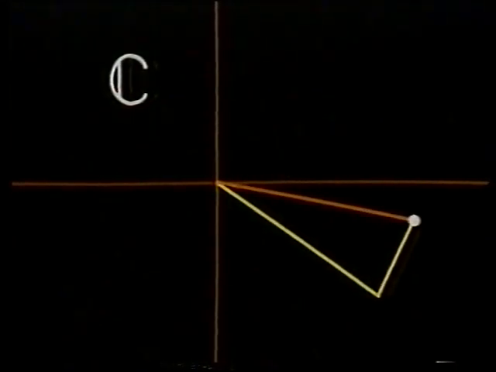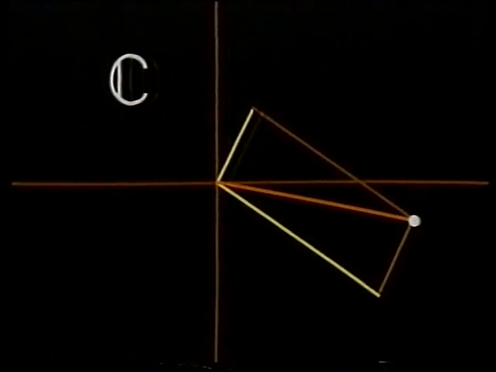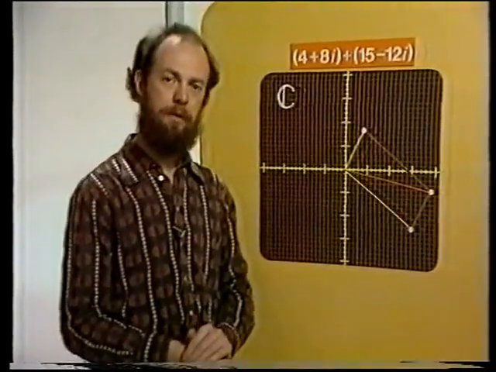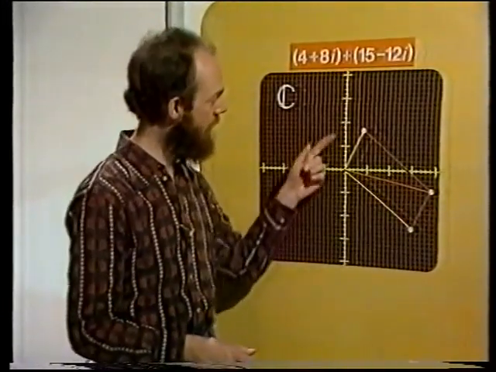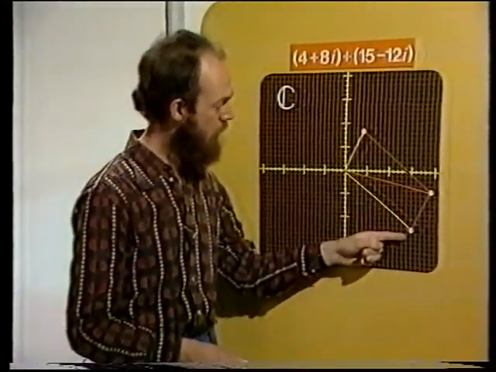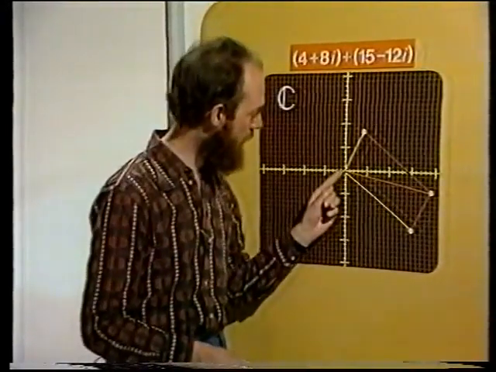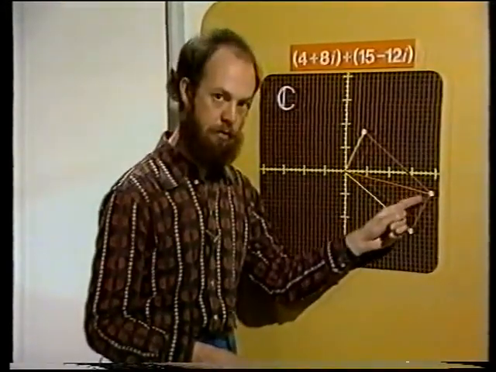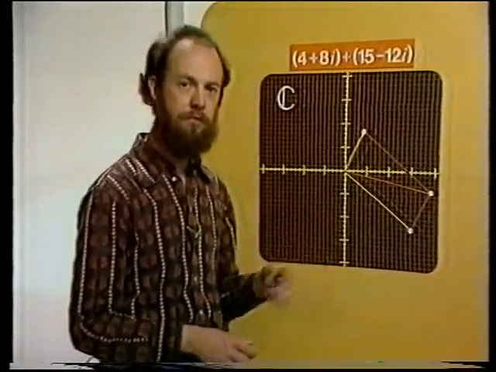In each case, the answer is the diagonal. So, to add complex numbers pictorially, we think of them as defining a parallelogram, and we put the answer at the far end of the diagonal. Now, that's the addition of complex numbers.